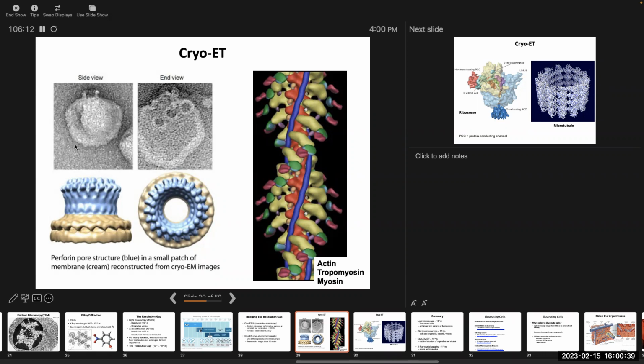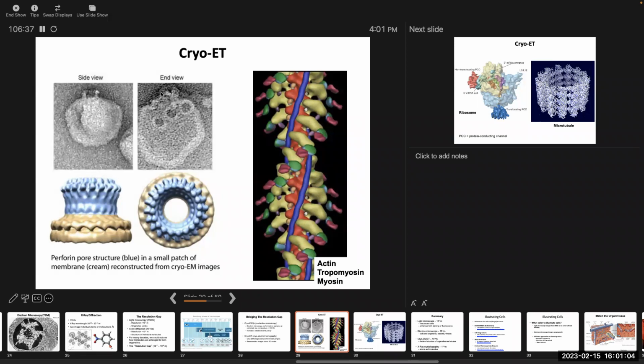So what you're seeing on the left is a view of a cell, and that thing up at the top of the cell is actually a side view of this perforin complex that's poking a hole in the side of that cell. And then just to the right of that, we're looking almost at a top view or an end view of the perforins, and there's actually 3 of them here that are all poking holes into this cell.